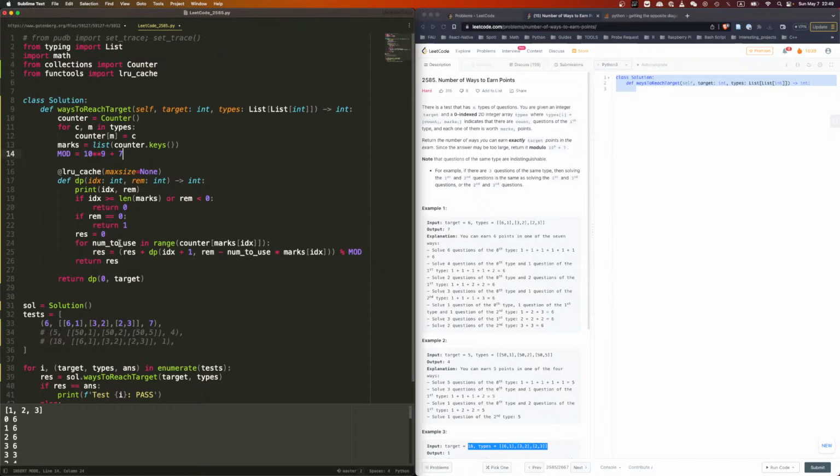If this is a 1, it should use 1 times marks index. Marks index is 0. So we shall see a 5. We shall see a 1, 5. Yeah, we have 1, 5. We have 1, 0, 2, 0.